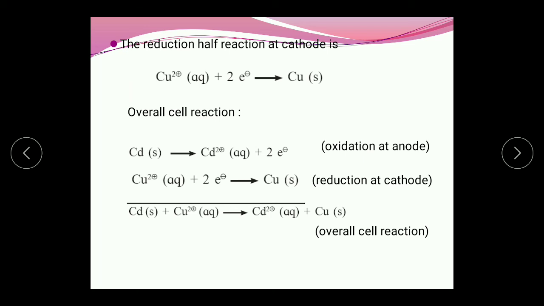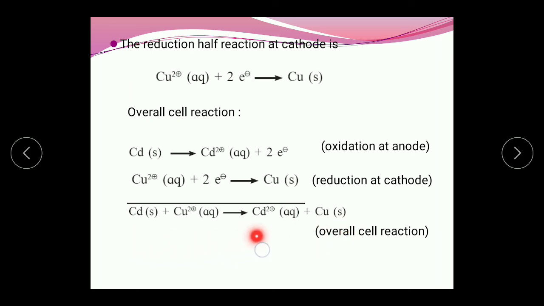Understood? By observing the overall cell reaction, you can easily tell which will be the cathode and which will be the anode. How? Now, if you observe, Cd is getting converted to Cd²⁺. That means Cd | Cd²⁺, and that will naturally be the anode. And Cu²⁺ is converted into Cu. That means Cu²⁺ | Cu, and that will be the cathode.